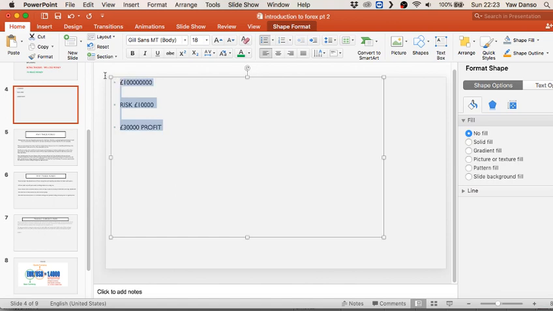Then we're going to go through some forex terminologies, and then we will learn a bit about brokers.